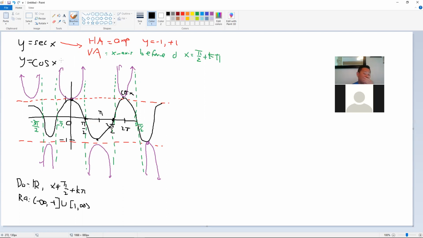Now, as usual, we have the start point and the ending point. But for the secant graph and cosecant graph, we got the start point, the middle point, and the ending point.